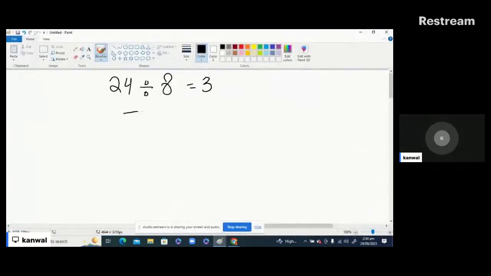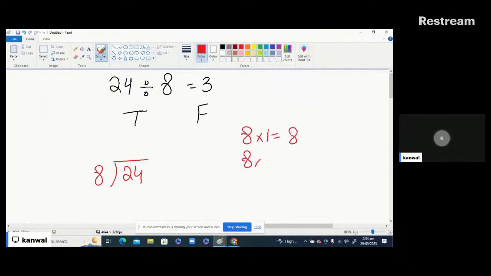So we just check whether this statement is true or false. Okay, so let's just check. Here I'm going to put the 24, and here is 8. Let's write down the table of 8. 8 times 1 is 8. 8 times 2 is 16. 8 times 3 is 24. So where do we get the answer?